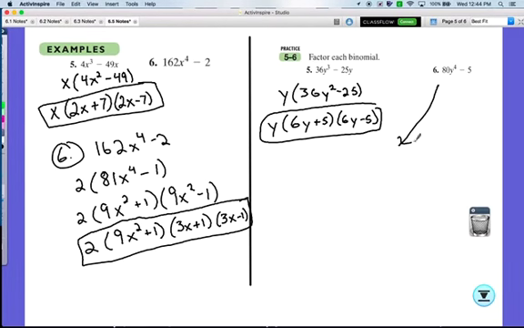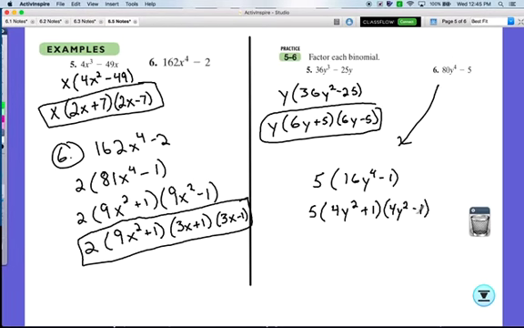For number 6, I could factor out a 5. If I factor a 5 out, 5 will go into 80 16 times. So 16y to the fourth minus 1. That's a difference of two squares. Square root of 16 is 4, so 4y to the second, because the y to the fourth square roots down to the second, plus 1, 4y squared minus 1.